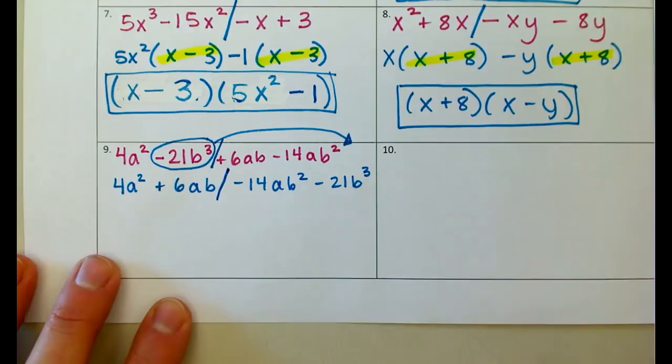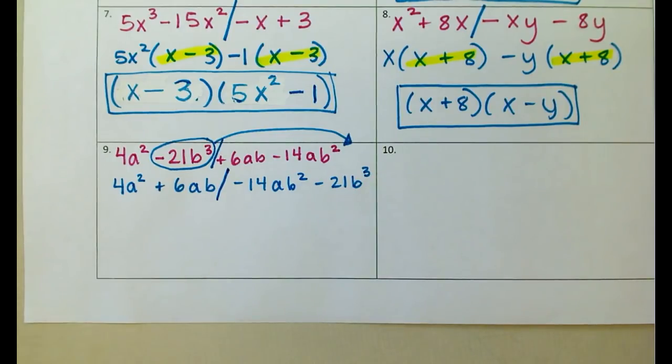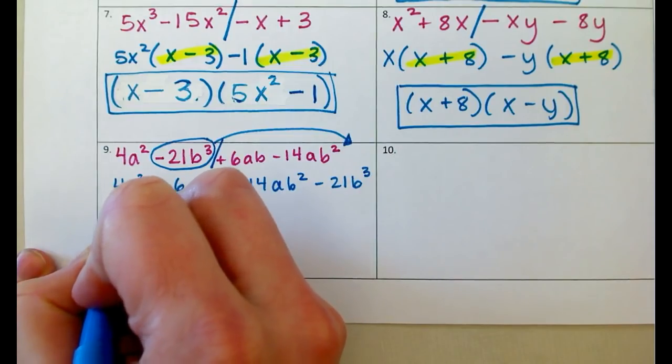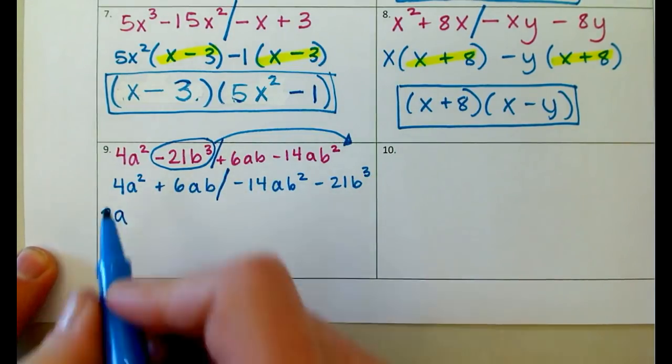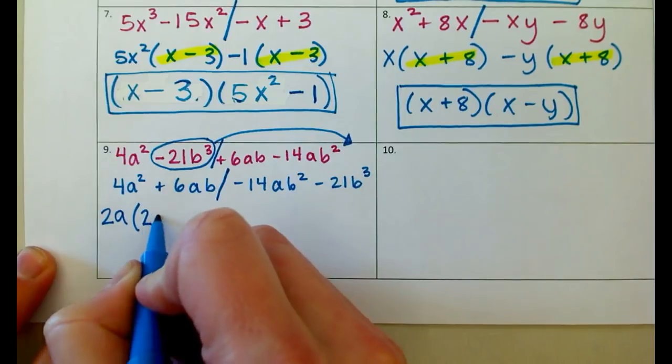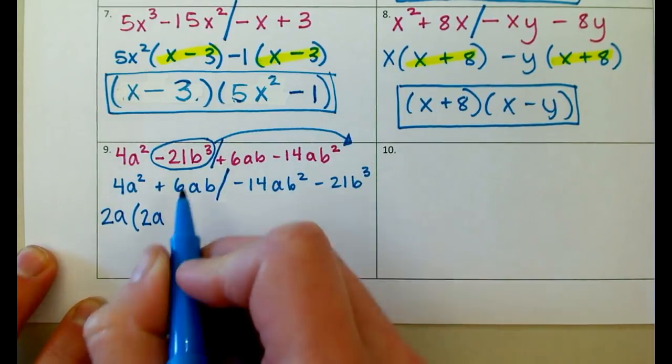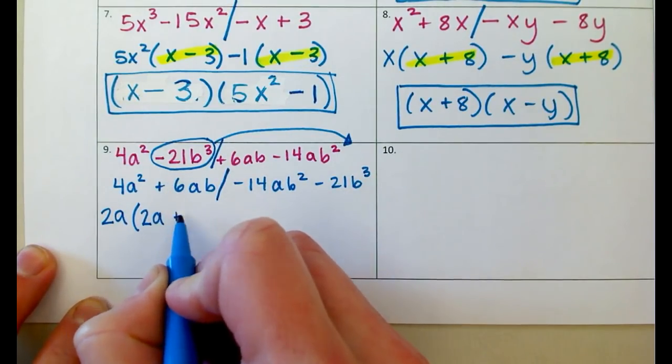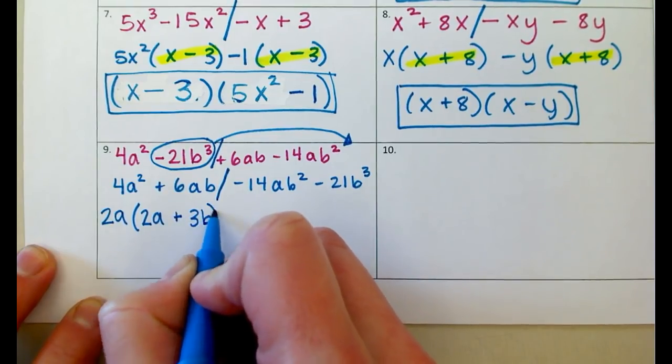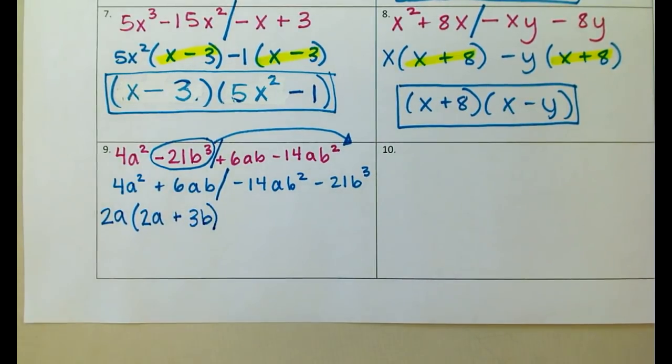Now I'm going to split my problem in half and factor out the common between 4a squared and 6ab. I notice between those two terms I have 2a in common, leaving behind 2a on this one and leaving behind plus 3b on this one. You finish this problem out, factor out what's in common between these two terms, and write your final answer.